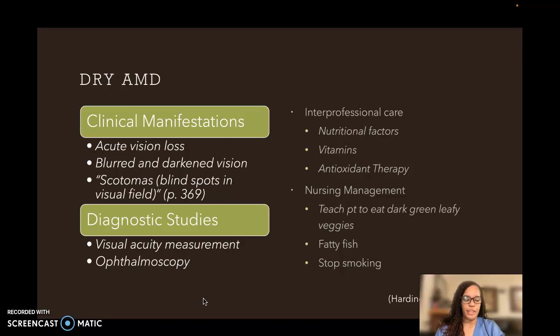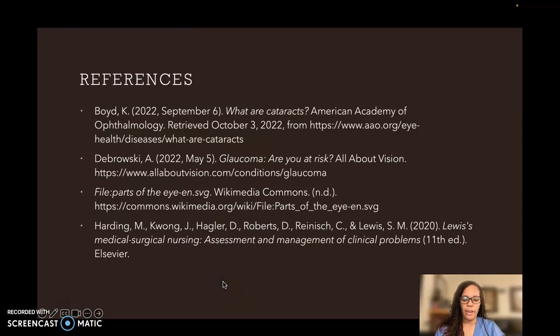Now, some interprofessional care for this condition is nutritional factors, vitamins, antioxidant therapy, and nursing management includes teaching the patient to eat dark leafy greens such as kale and spinach, fatty fish, and to stop smoking. Stopping smoking is very important to help decrease the progression of this disease. And that is all on the vision system.